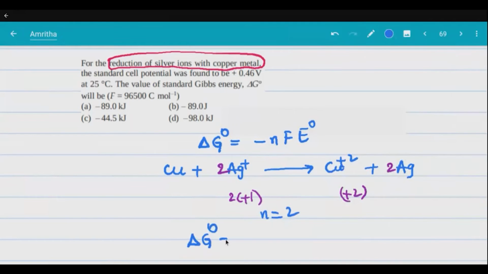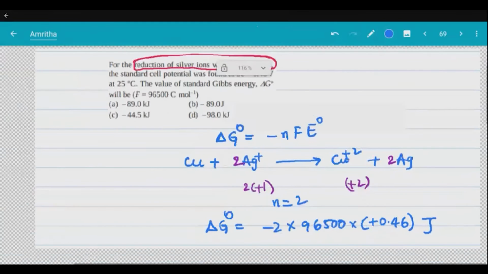Delta G naught is equal to -2 into 96500 into E naught, where E naught is 0.46, in SI units, because coulomb into volt gives joules. You can match the option later, but the n calculation is the only important thing. How do we find n? Based on the charge.